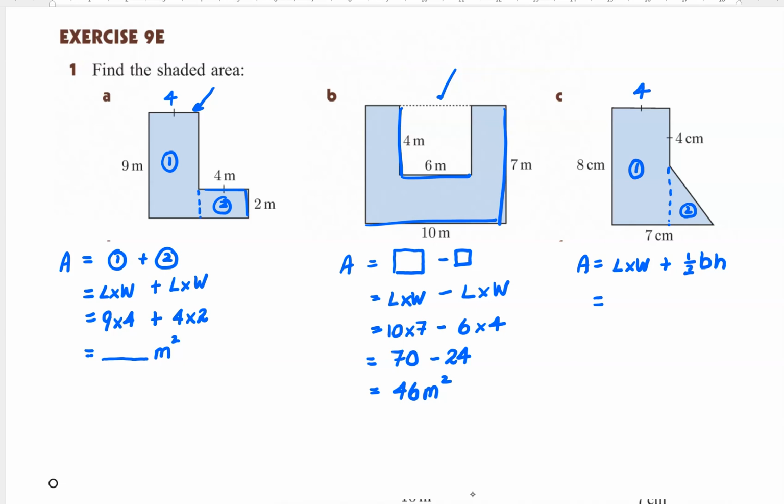Okay, so now what is the length and the width of that big rectangle? That's 8 and 4. Now we have to do a little bit of sussing here, because if I look at this triangle, I don't actually have the base or the height that's just there. You actually have to work it out.